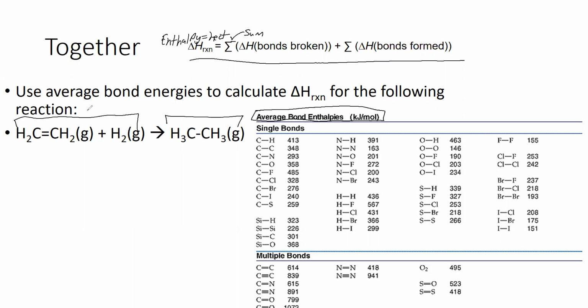So let's remember in a chemical reaction, the left side of the arrow are our reactants, and the right side of our arrow are products. The way I calculate this reaction is I do delta H reaction equals the sum of delta H bonds reactants minus the sum of delta H bonds products.